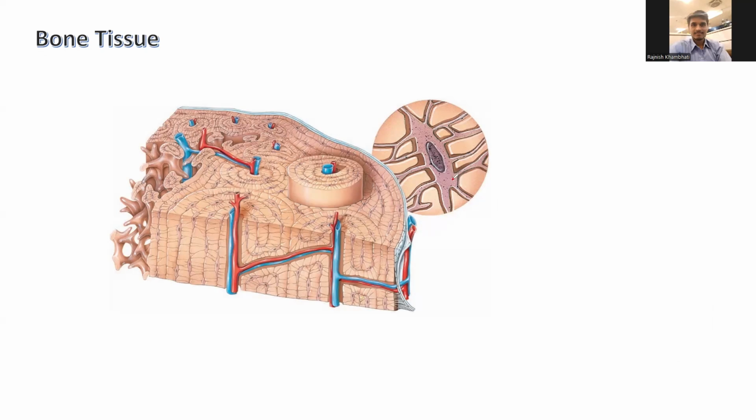This is a cell, this is the nucleus of the cell, and this somewhat star-shaped structure is a cell of bone known as osteocyte. So this is osteocyte, this is nucleus.